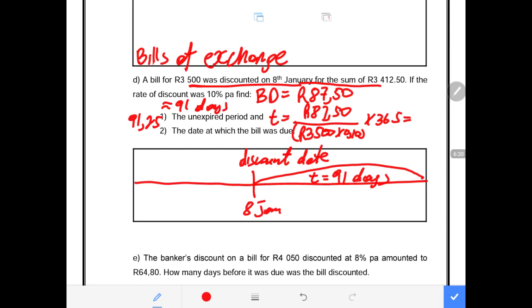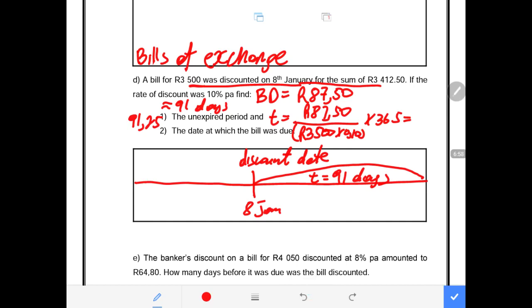So that is the first part. And I said this is similar to the previous question, because in the previous question we knew that from this date up until the due date, they told us that the period was 90 days. In this case, we don't know the entire period of the bill, or in which terms this bill was accepted.